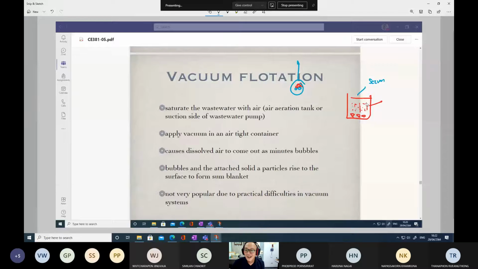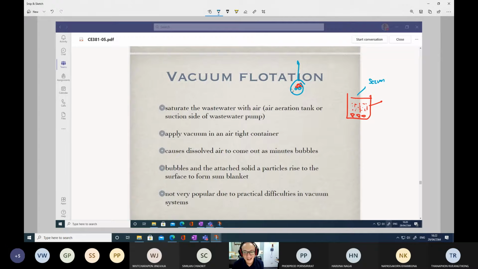So for the vacuum flotation, we put in the wastewater. Okay, in here we apply the air bubbles and then these air bubbles get attached to the suspended particles.